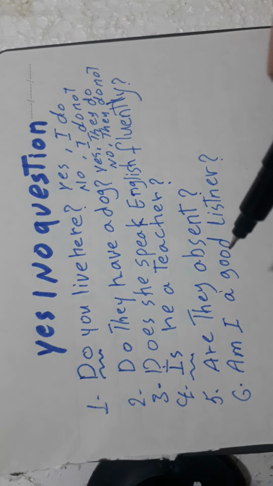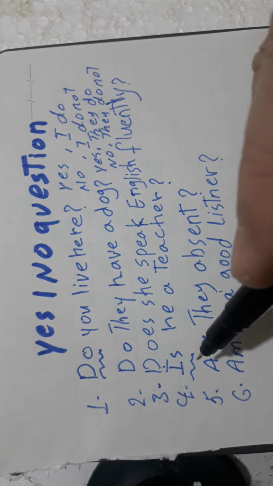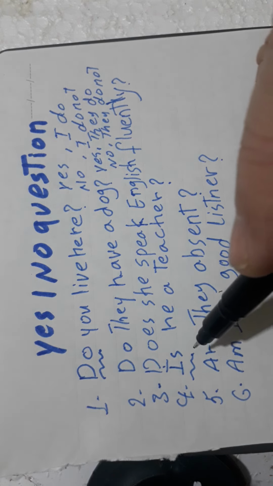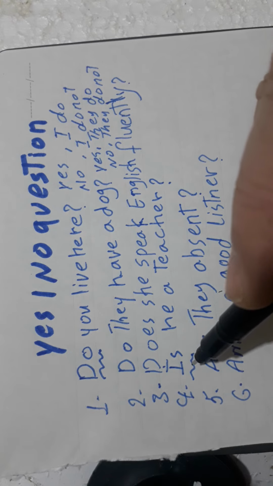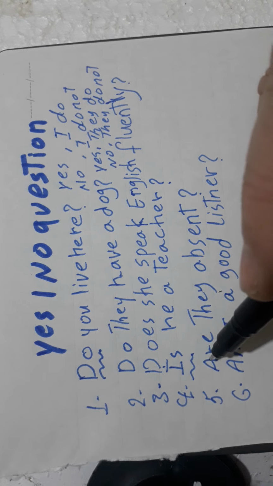You know that present to be can be used either as a main verb or as an auxiliary. And you can see that we have started our question with present to be verbs: is, are, and am.